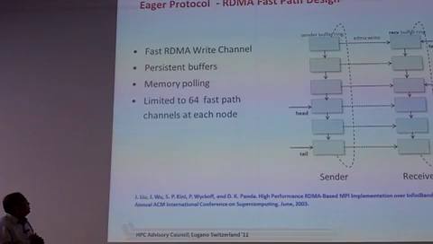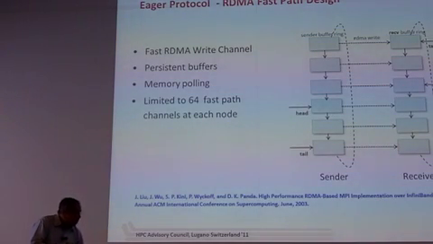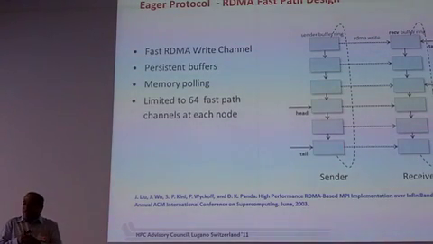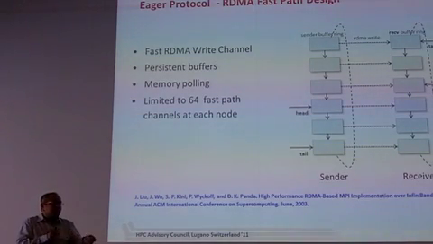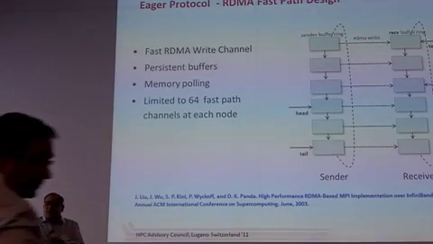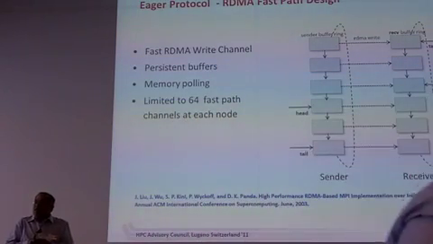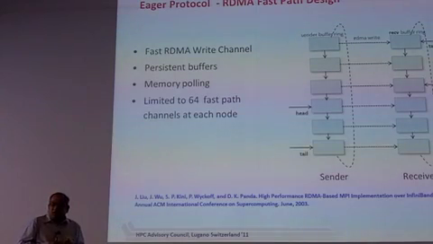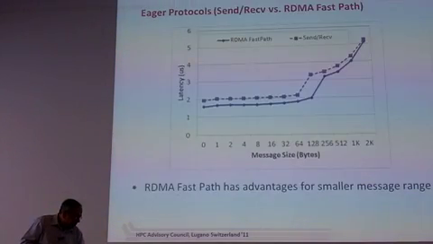Here we have up to 64 such connections, and of course each one is a buffer, and that's what leads to the memory footprint. So one has to be a little careful here. We are sacrificing some buffer or memory space to get good performance, and if you don't use it properly on very large-scale systems, your memory scalability will be very bad. So you have to be very careful here.